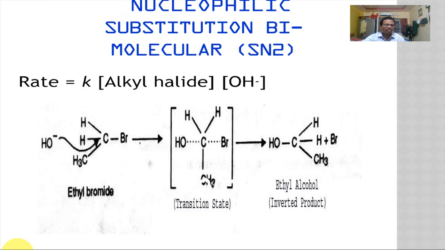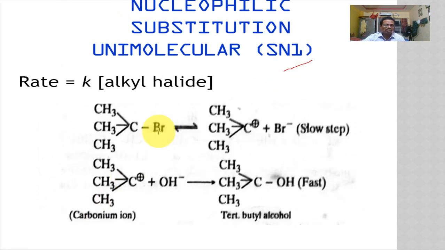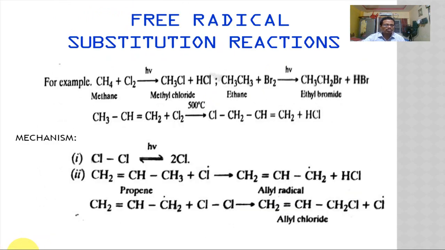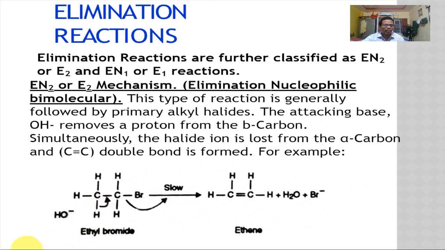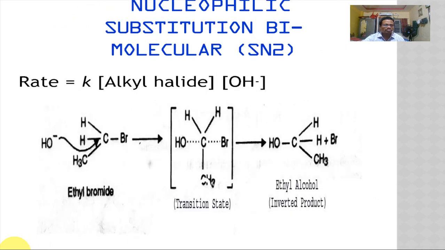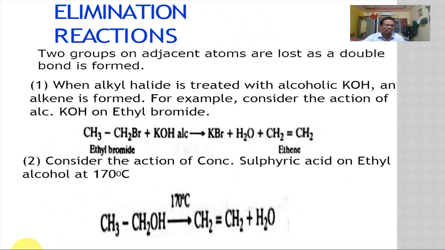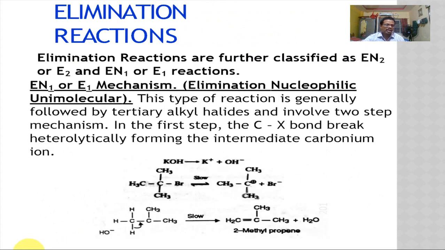I'll just go back and remind you with one example. SN1 is tertiary, and E1 is tertiary as well. E2 is primary, and SN2 is primary. It's the same for SN1 and E1, so you can easily remember this: E1 and SN1 have tertiary, E2 and SN2 have primary.